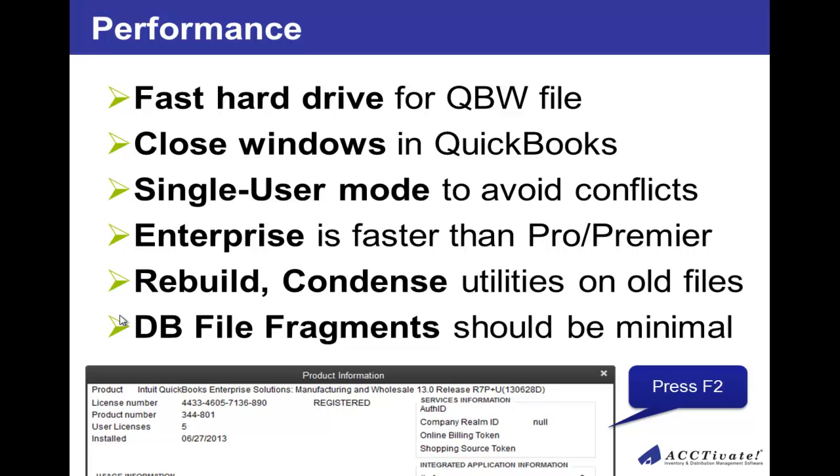And that's something you should work with your IT company to find out why you have so many file fragments on your server. Also, I've known in the past that simply moving the file or doing a rebuild, doing any maintenance on the file may cause it to move the data around. So just something to be aware of. If you have a lot of performance problems, look at the DB file fragments and then consider working with Intuit support to work on that.